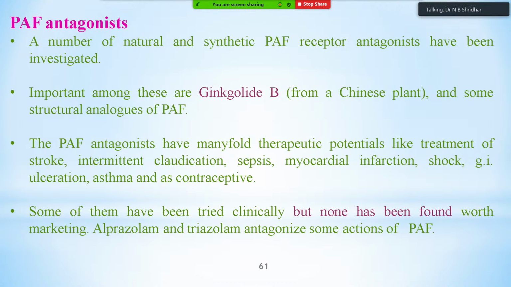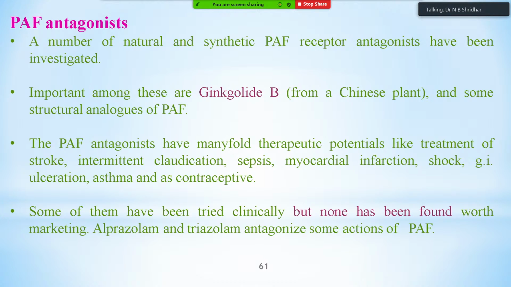PAF antagonists have manifold therapeutic potential, like treatment of stroke, intermittent claudication, sepsis, myocardial infarction, shock, GI ulceration, asthma, and as a contraceptive, because platelet activating factors are going to aggregate in all these conditions.